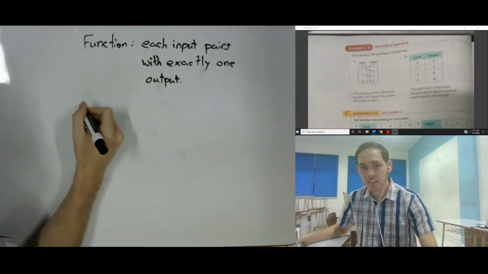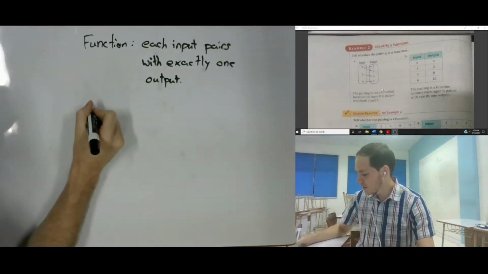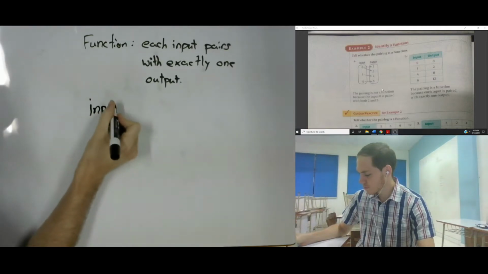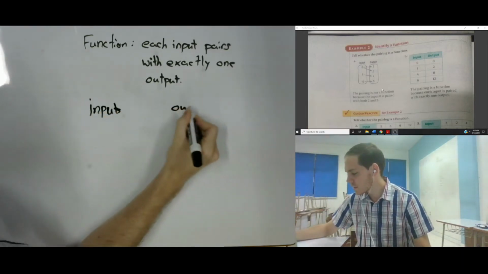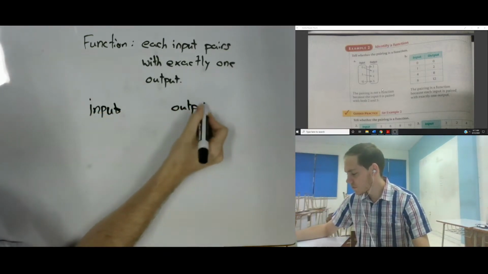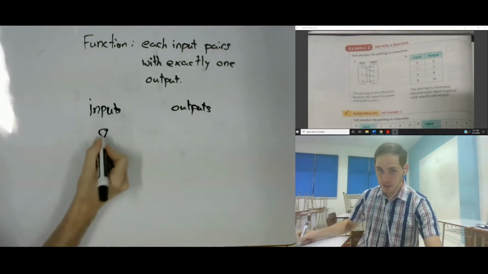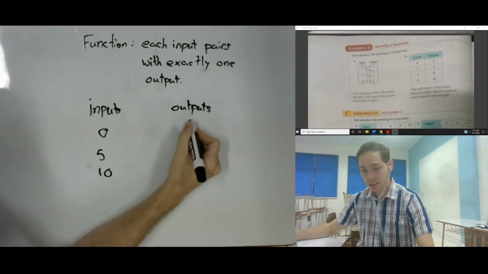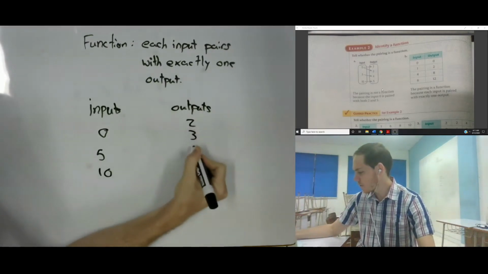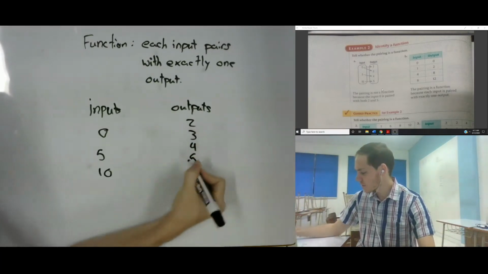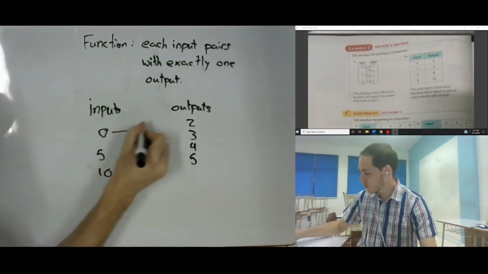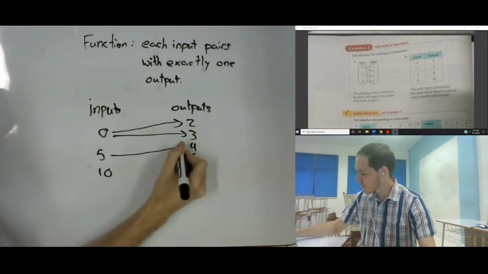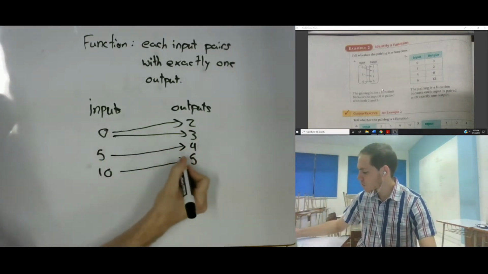So let's look at example 2. So we have our inputs, and we have our outputs. Okay? Now they are 0, 5, 10 and 2, 3, 4, 5. So 0 pairs with 2 and 3, 5 pairs with 4, 10 pairs with 5.